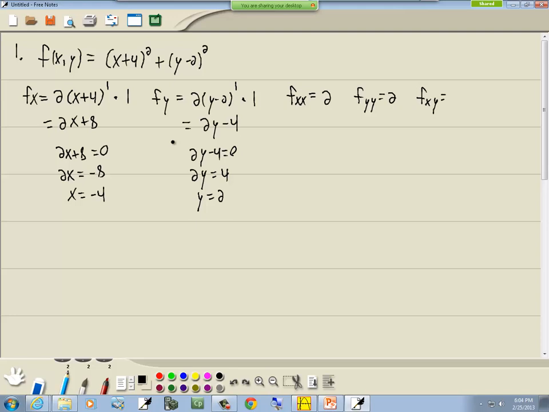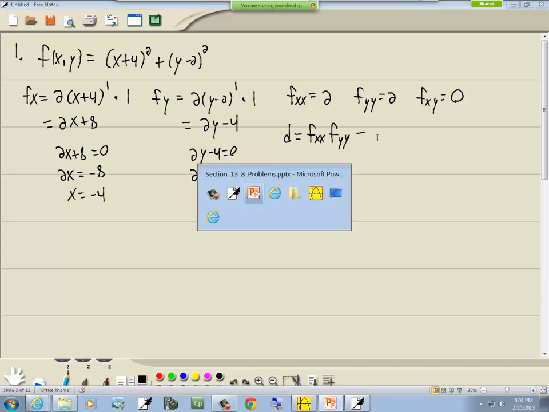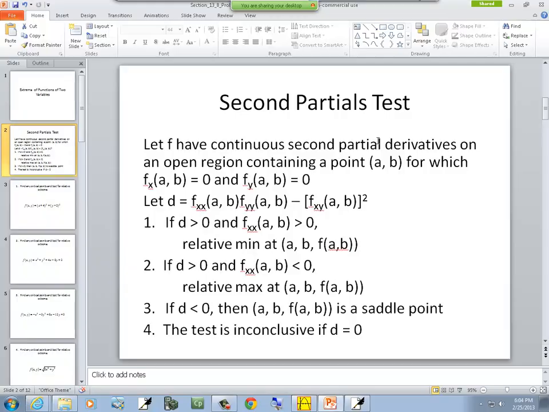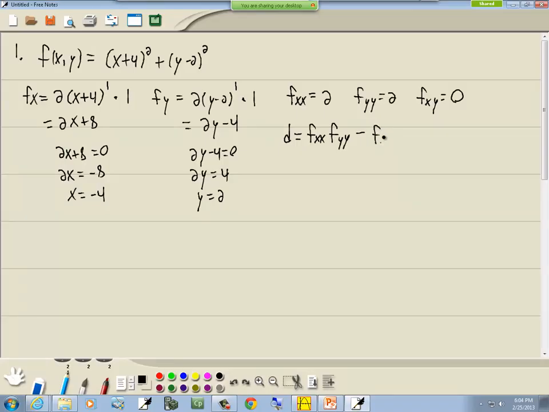And we take our partial with respect to x and take the partial of it with respect to y, which gives us 0. And D is going to equal these two partials multiplied together minus this second partial squared. So we have 2 times 2 minus 0 squared, which gives us D is equal to 4.